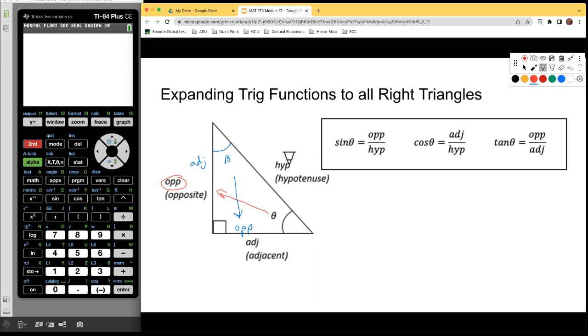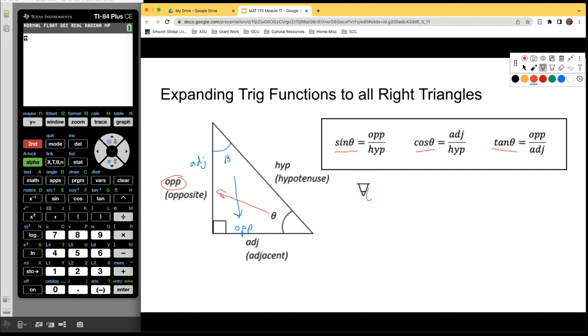So the hypotenuse could be any number. It could be 2, 3, 5.6. Okay, so we now think of sine theta as a ratio of two sides, and cosine theta as the ratio of the adjacent over the hypotenuse. And that leaves us with the tangent as being the opposite over the adjacent.